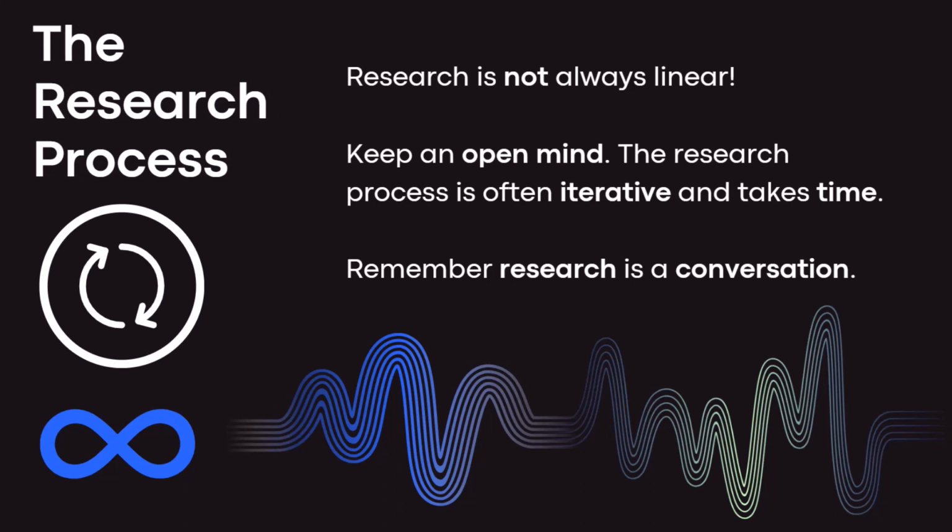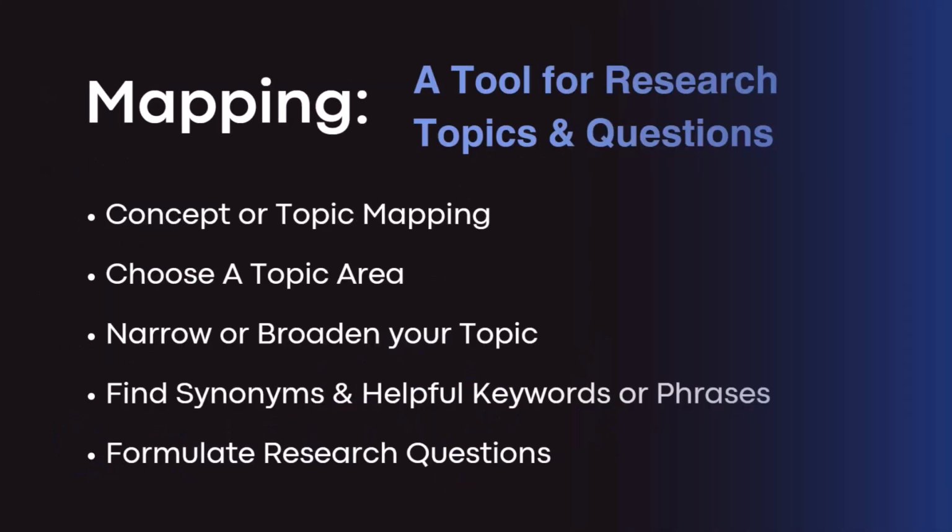And sometimes pieces can seem unlimited and never-ending, or alternatively, it may feel at times like you have hit a dead end. It's important for you to know that this is a normal part of research. It's good to keep an open mind and try to enjoy the process for what it is, complex and iterative. We often say that research is a conversation, one that you are contributing to with your work, as well as listening to as you search, read, cite, and reflect.